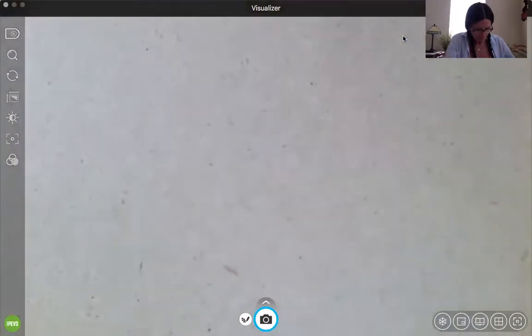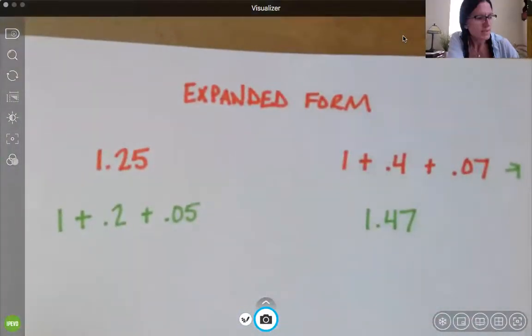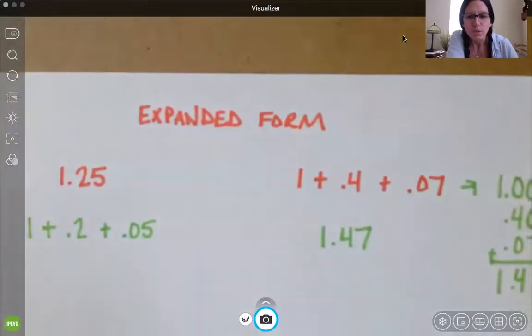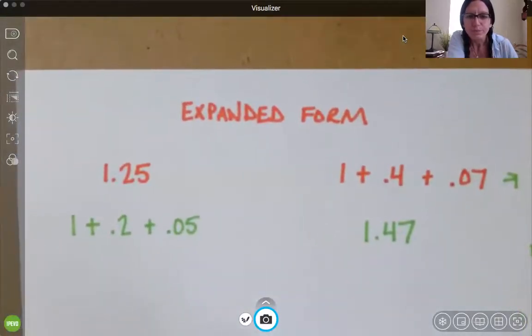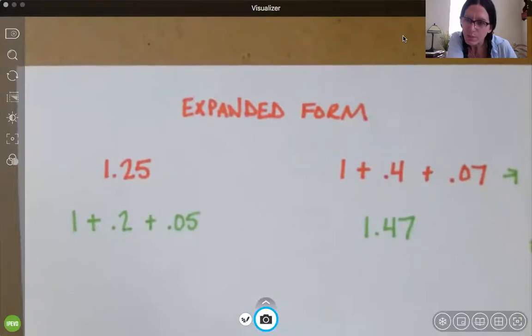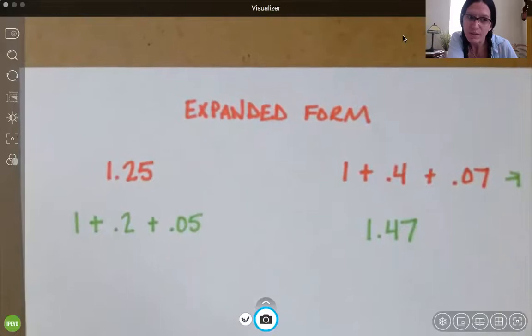So last week, and this is what's going to get us into today's lesson, you worked on expanded form. Expanded form basically means breaking down a number into its specific or designated values.